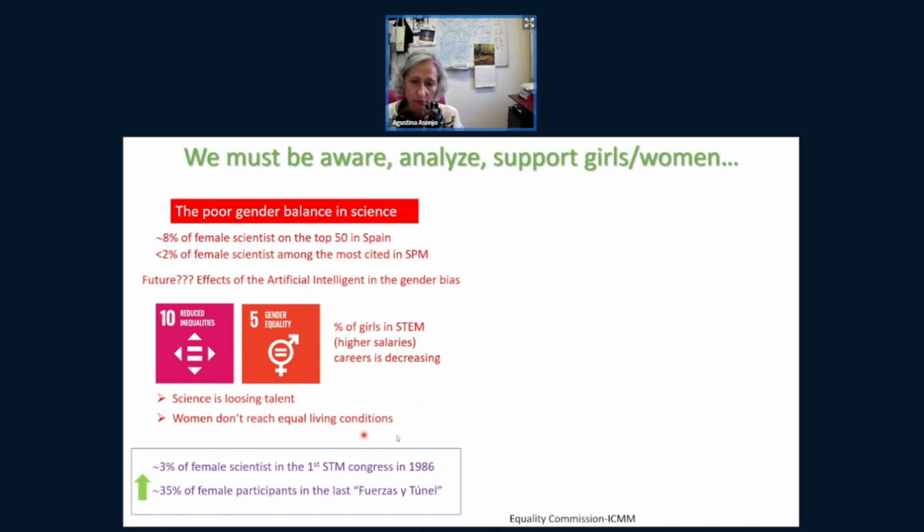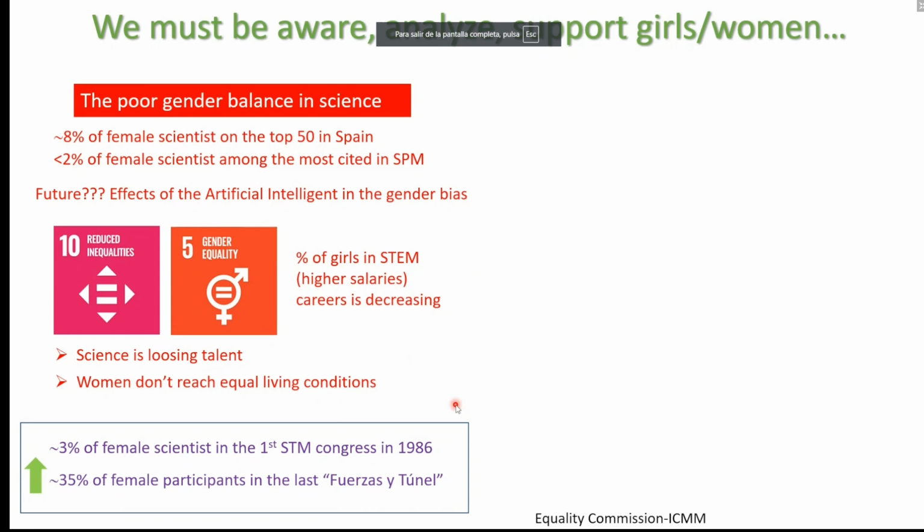But it's also a problem for women as a global entity, since careers related with STEM give more probability of obtaining higher salaries and a better way of life. That means this is a problem for women in general.